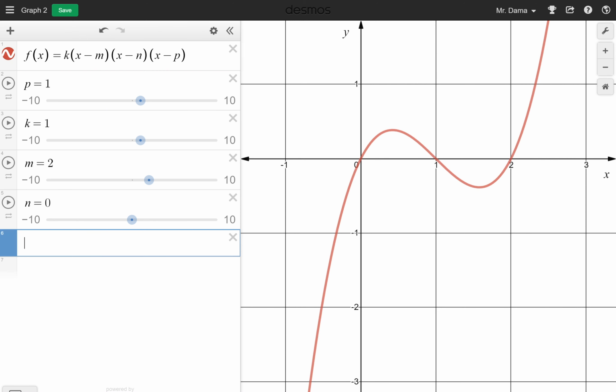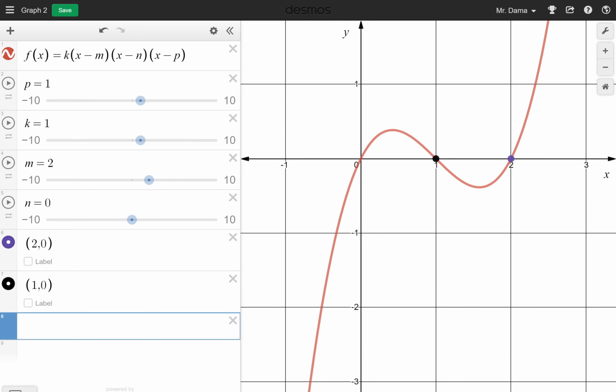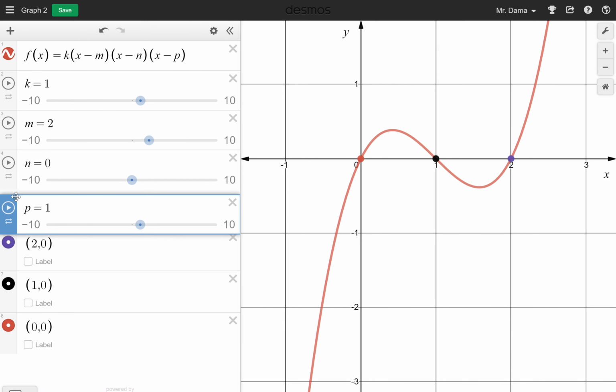Okay, so your 3 roots are 2, 0, which is whatever m was, and then you have 1, 0, and you have 0, 0.